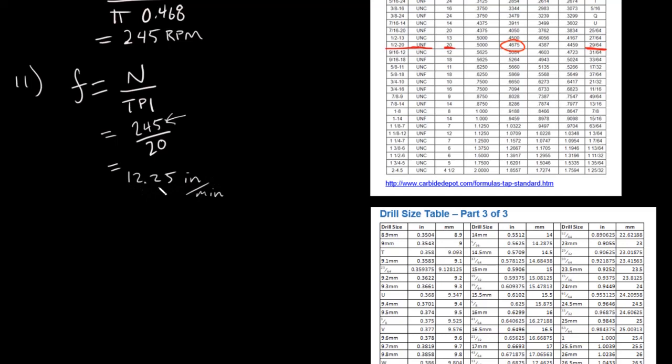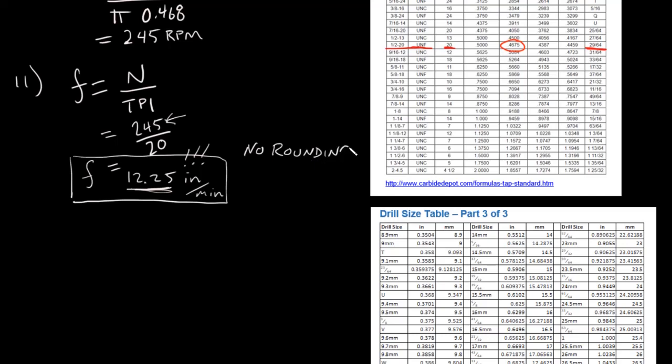So having 2 decimal places is probably sufficient, but this absolutely needs to go at this feed rate, 12.25 inches per minute. So no rounding here. No rounding, no truncating.